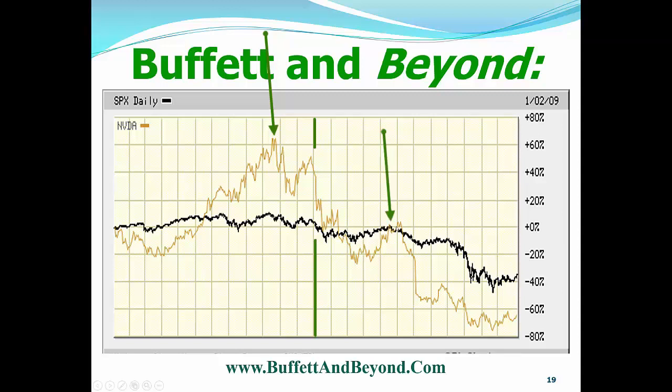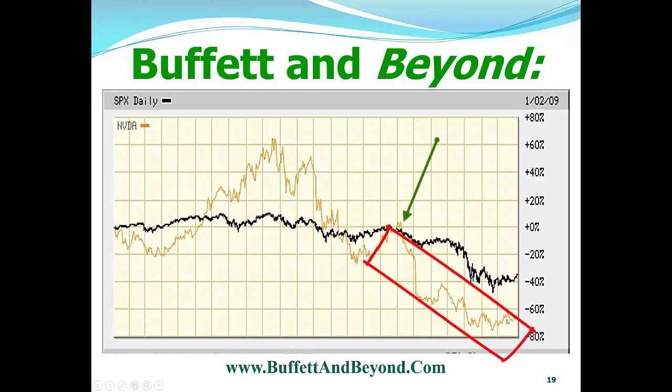And this is May of 2008. Now, from here to here, the market had not yet broken. But from here to here, this stock was down 55%. It went from $40 a share down to $18 a share right in here. And then when the market broke, this stock did another break, and it went all the way down to $5 a share.